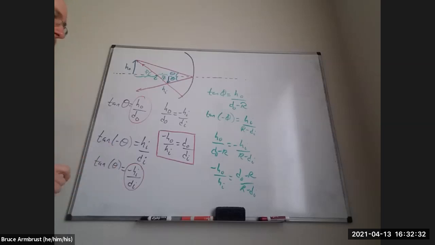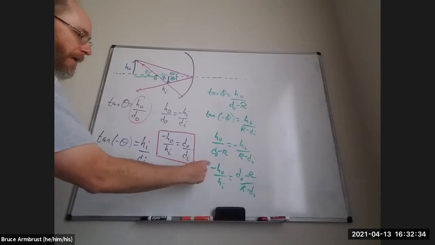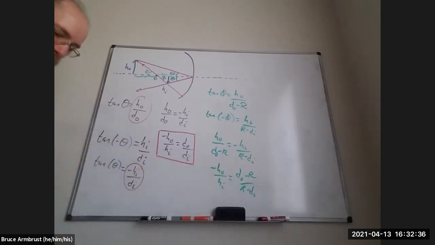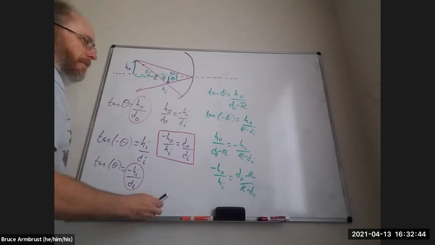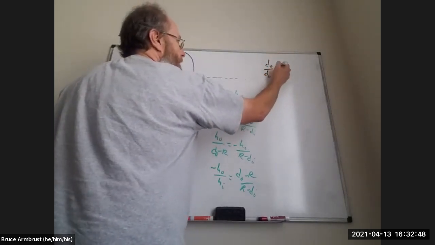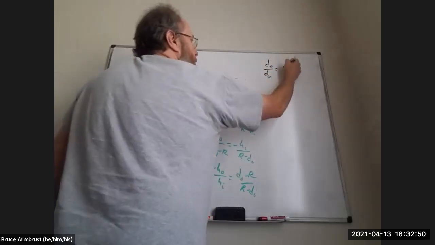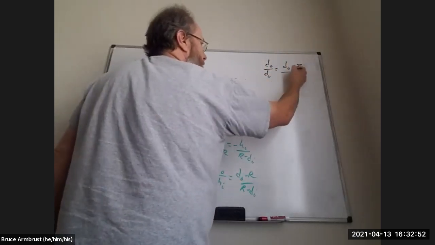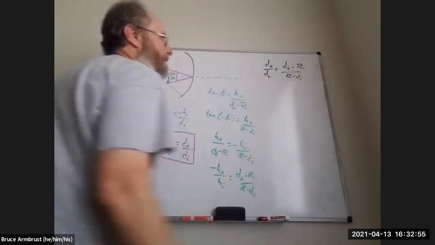But what we can do now is equate these two things. They're both equal to minus HO over HI. So we can equate those. And what we get is DO over DI equals DO minus R over R minus DI.